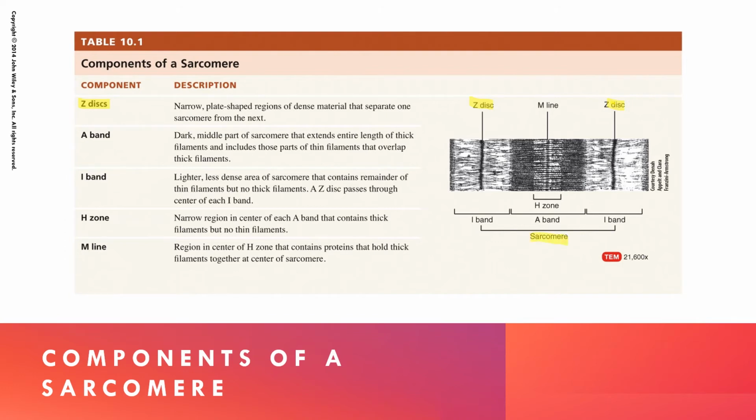The extent of overlap of the thick and thin filaments depends on whether the muscle is contracted, relaxed, or stretched. We have a darker middle part of the sarcomere, which is labeled the A band, and this extends the entire length of the thick filaments.